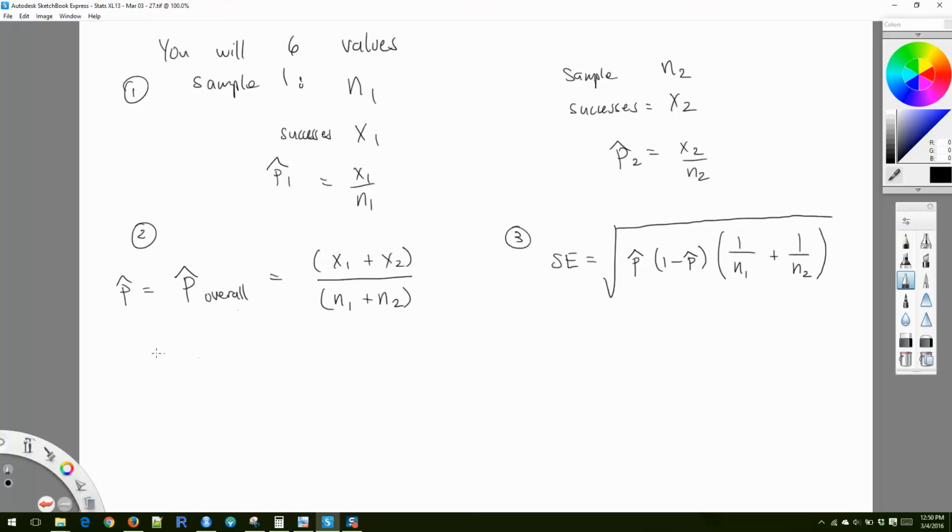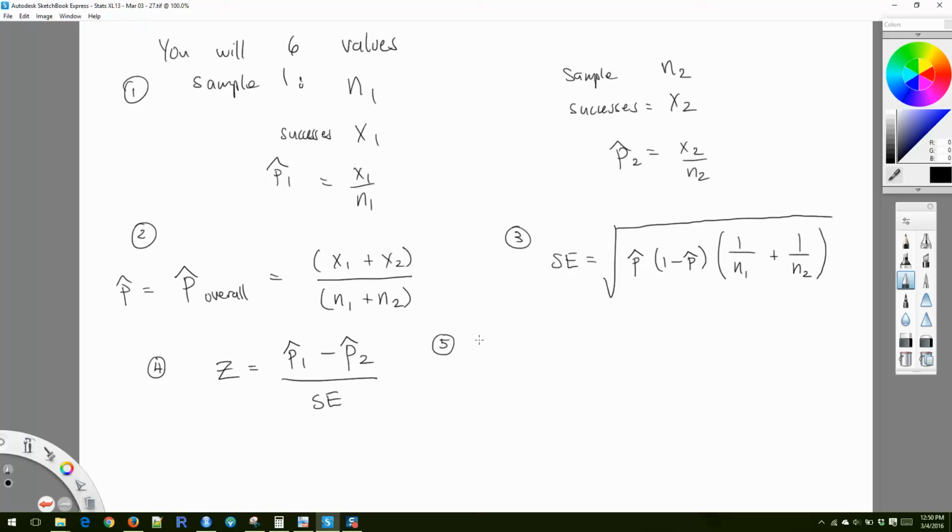And now we're going to get our z-score. So your z-score is you take the p hat 1, you subtract off p hat 2, and you divide by your standard error. All right, and I know I'm going just a minute over our time.